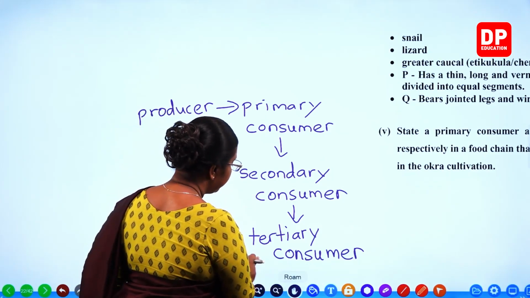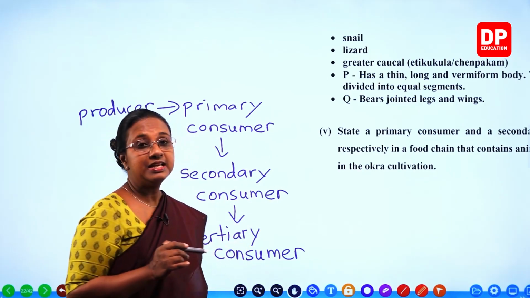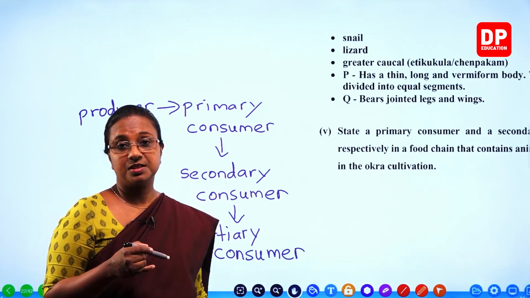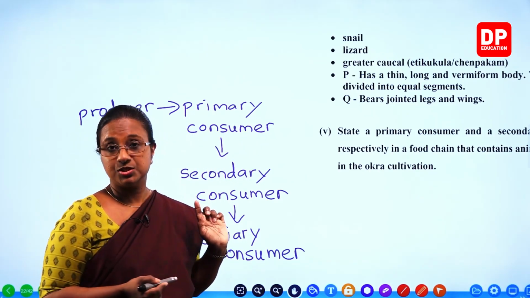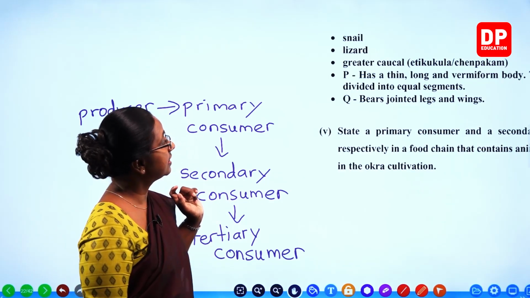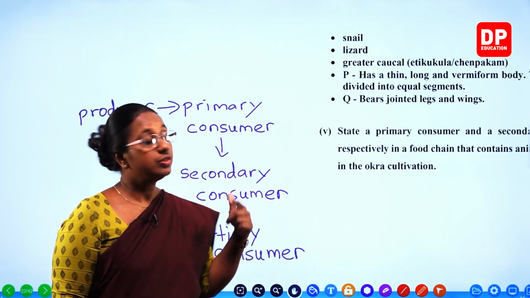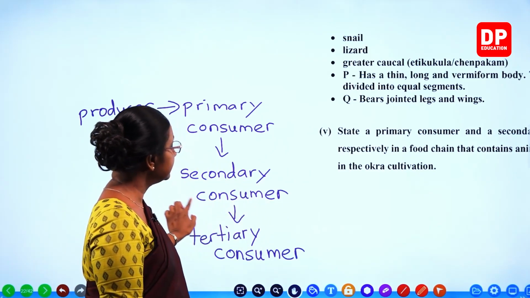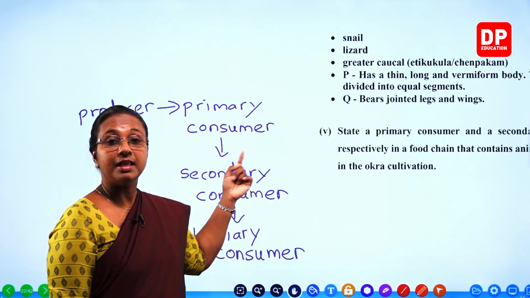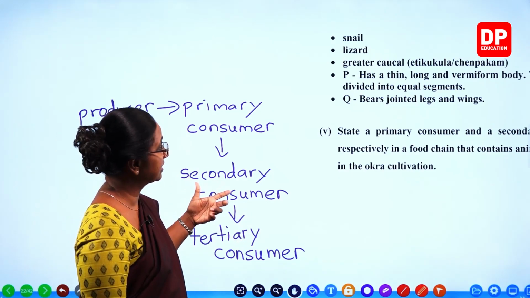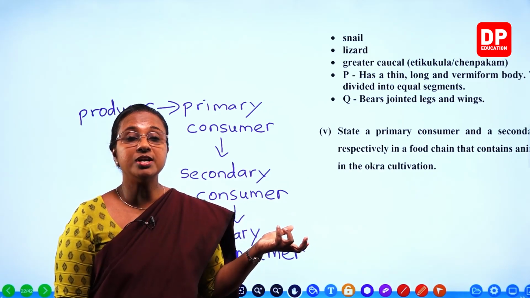So, here, if we consider the animals given to us, you can see snail. Snail feeds on crops. So, it's a herbivore. So, that will come under primary consumer. Then, how about lizard? Lizards usually feed on insects. So, they will actually come under secondary consumers. Because insects can feed on plants, then lizards can feed on insects. Then greater coucal, a bird that also usually feeds on insects.